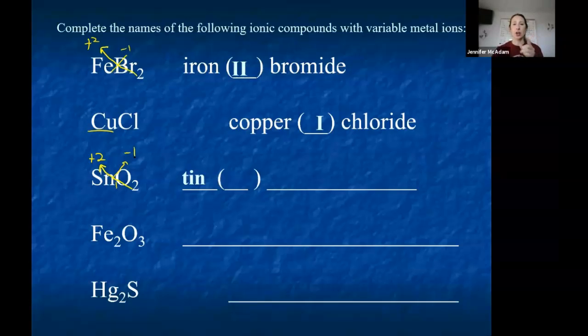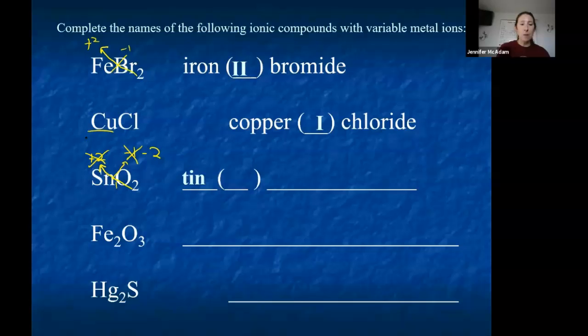Is oxygen's charge -1? What is oxygen's charge? Yeah, oxygen's charge is a -2. This is when crisscross fails, right? So if you do crisscross, you have to check your anion. Oxygen's charge is a -2.